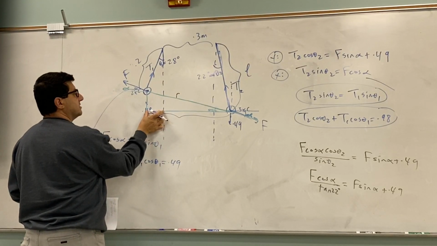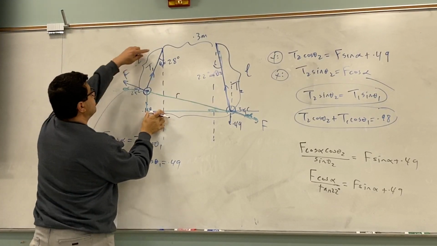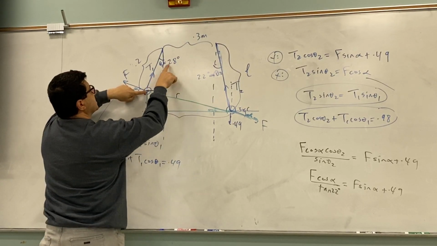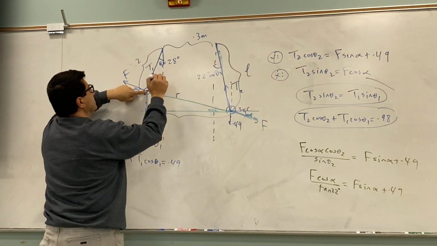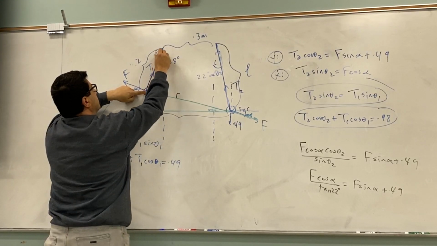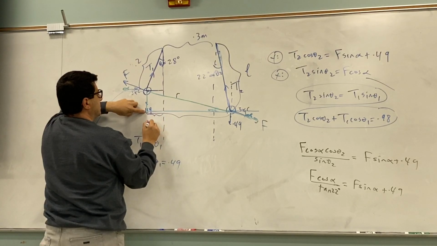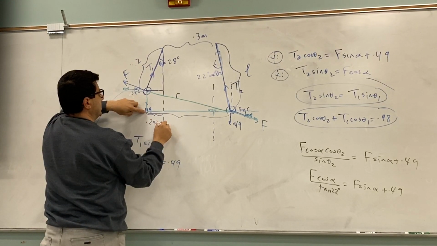From here to here is gonna be 0.2 times sine of 28, right? Just this piece of the triangle. So that becomes from here to here, it becomes 0.2 sine of 28.